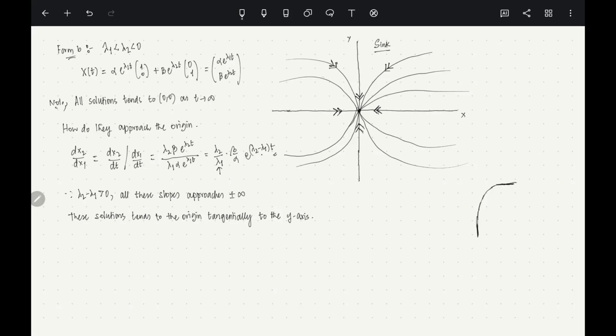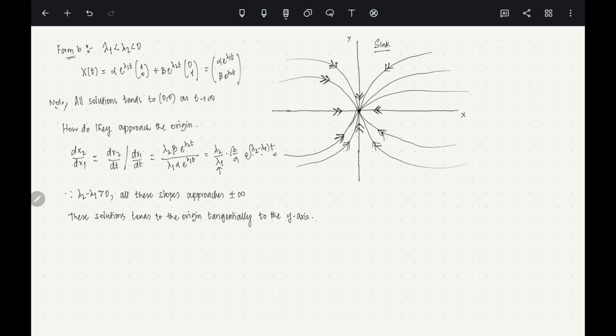So the arrow looks like this. I hope the idea is clear here, what is happening. The picture is not very pretty, but you do realize what's happening here. So that's the idea.